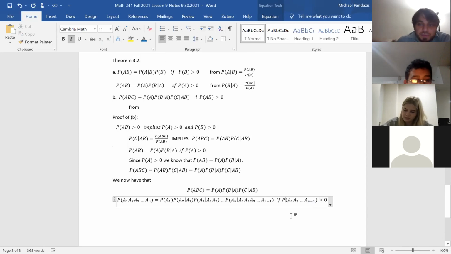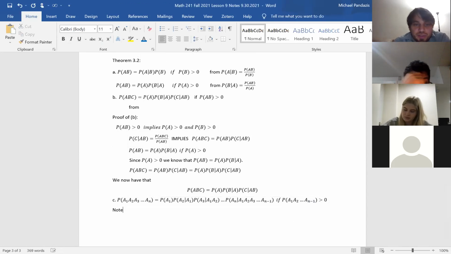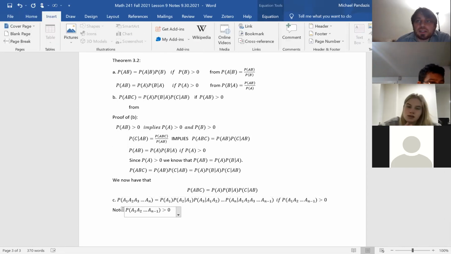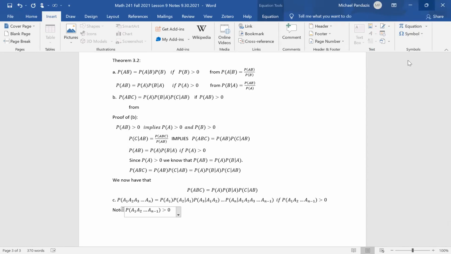So just note, just like in the proof I showed you for B, that assuming this probability is positive implies that the probability of A1 is positive, and the probability of A2 is positive, and so on, up to the probability of A sub n minus 1 is positive.